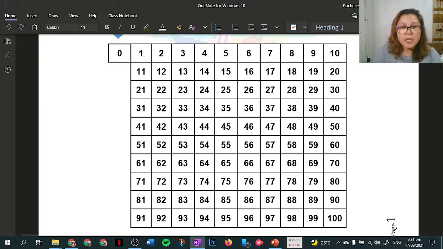So that you would remember, you won't forget the number series or the following numbers, you just use this pattern. So tingnan nyo, nakalinya all the numbers ending in 1, tapos ending in 2, 3, hanggang doon sa by tens na 10, 20, 30, 40, 50, 60, 70, 80, 90, and 100.